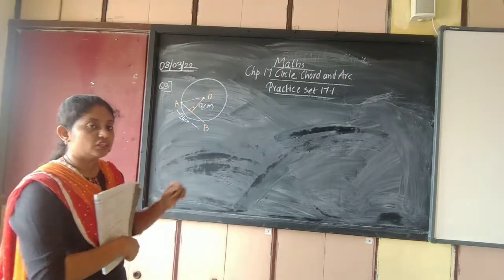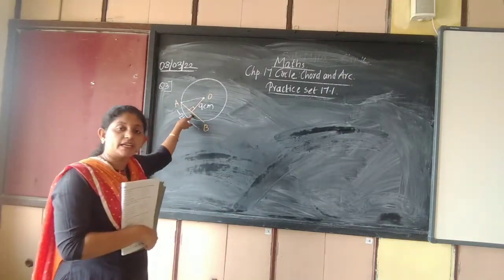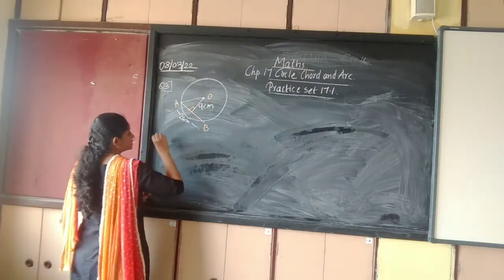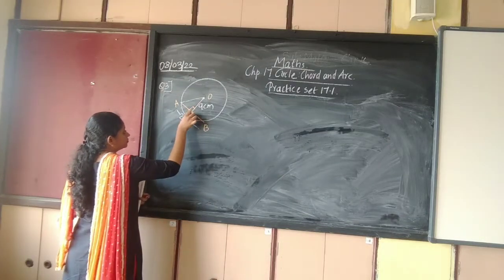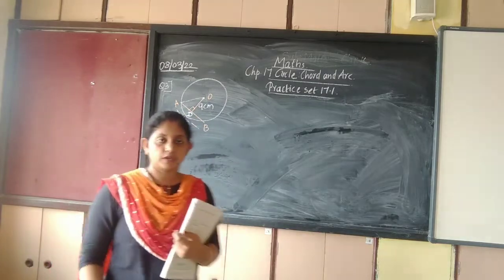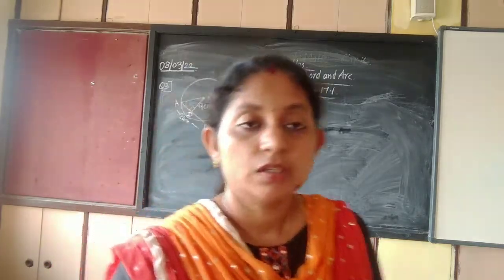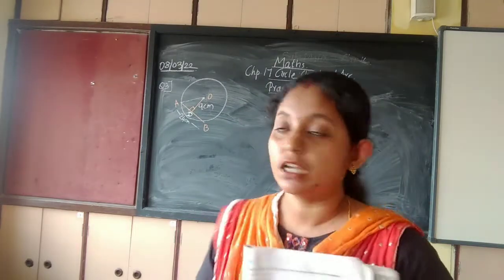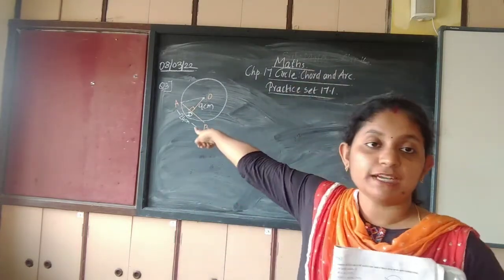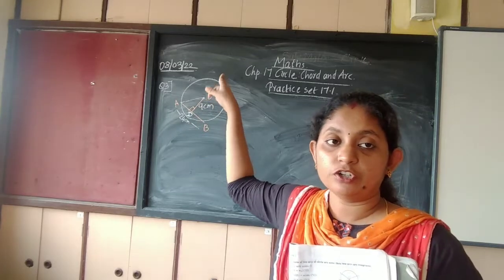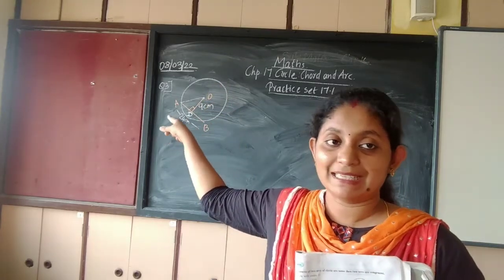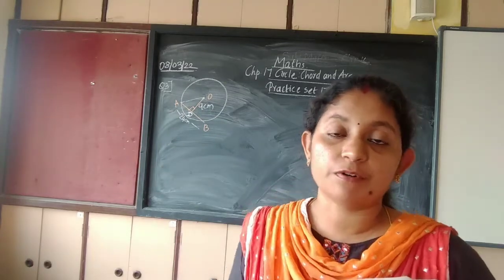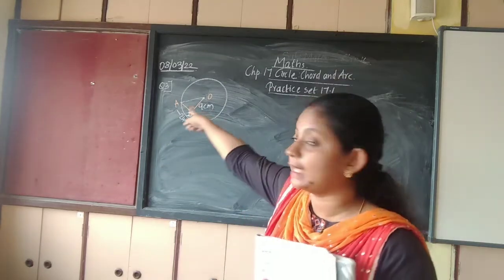Now they have not mentioned any letter over here. So you can write any letter of your choice. Suppose we write the letter D. Okay, any letter you can take. Now same way, for Pythagoras theorem we need two sides' measurements. So here you are going to take half of that chord, because the perpendicular drawn from the center to the chord bisects the chord. So if the entire thing is 24, how much will be the half of that? That is, we are going to find out AD.